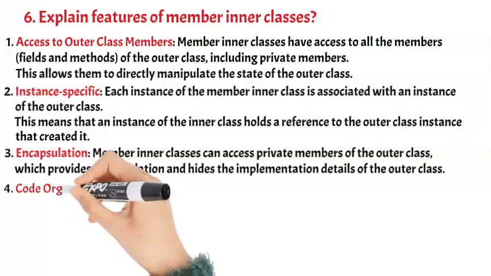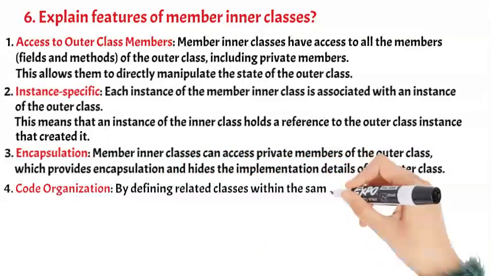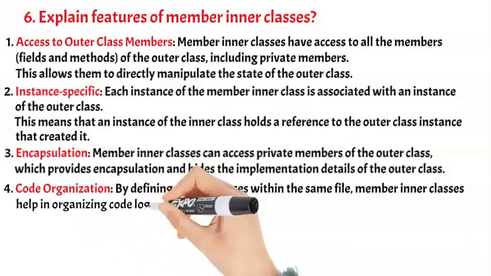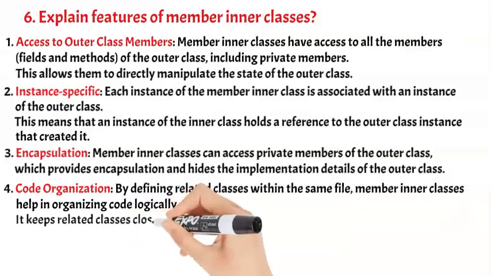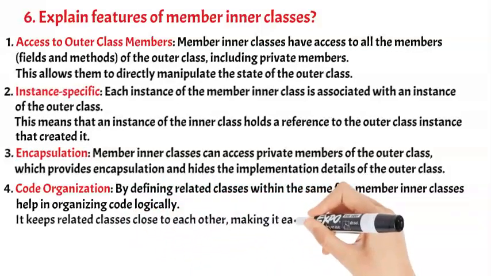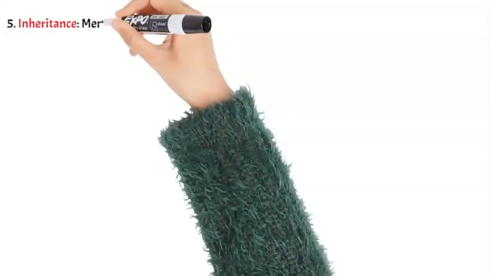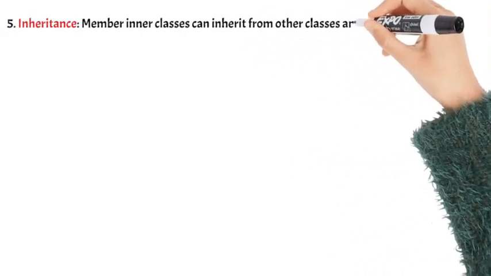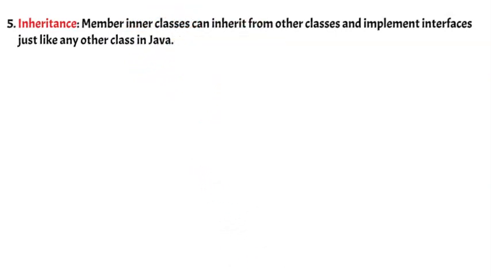4. Code organization. By defining related classes within the same file, member inner classes help in organizing code logically. It keeps related classes close to each other, making it easier to understand and maintain the code. 5. Inheritance. Member inner classes can inherit from other classes and implement interfaces just like any other class in Java.